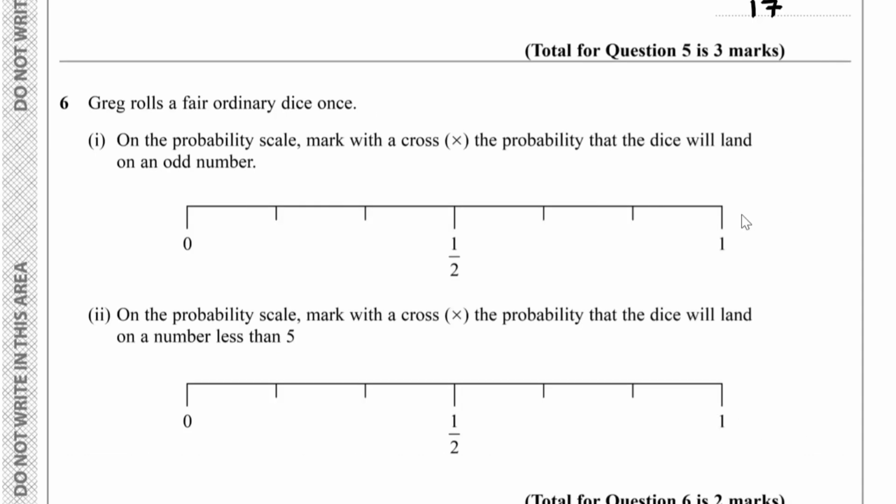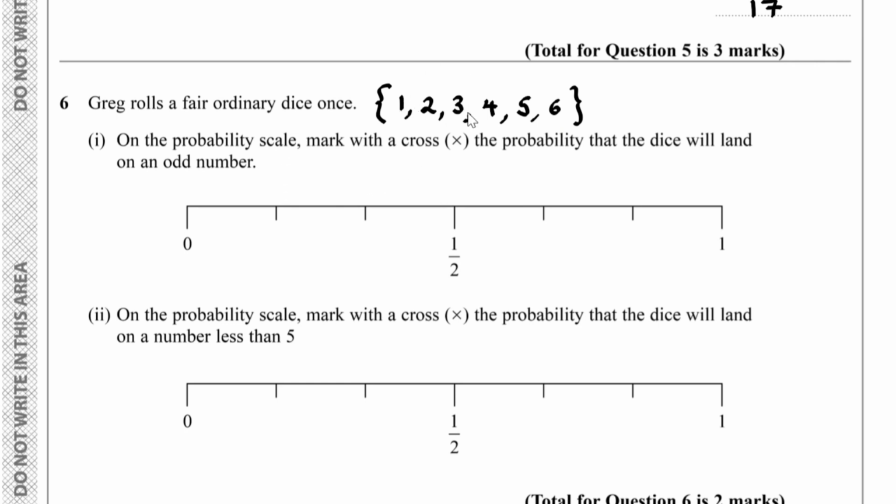Greg rolls a fair ordinary dice once. On the probability scale, we have to mark with a cross the probability that the dice will land on an odd number. Well, the numbers he could get are 1, 2, 3, 4, 5, and 6. We want an odd number.